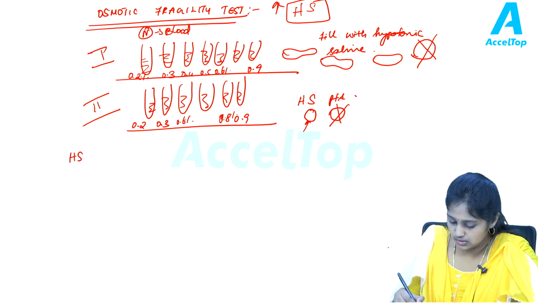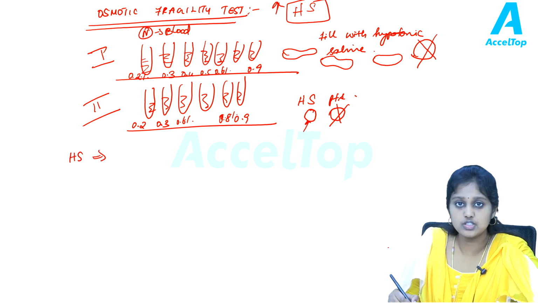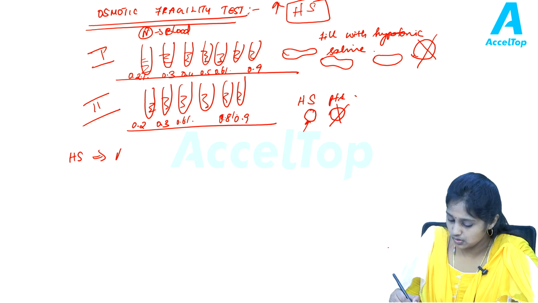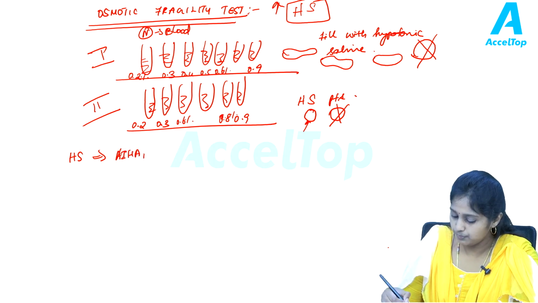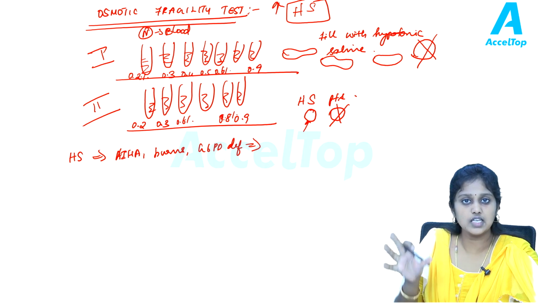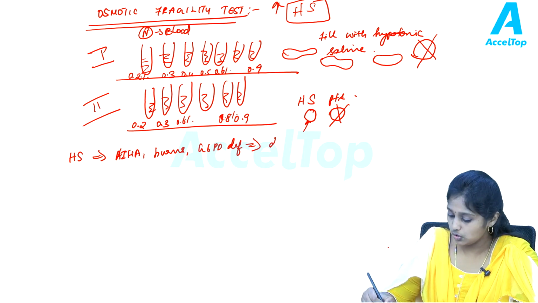Hereditary spherocytosis has to be differentiated from other conditions where you will see spherocytes such as autoimmune hemolytic anemia, in case of burns or in case of G6PD deficiency. In all these conditions, spherocytes are present, but these spherocytes are of different shape.